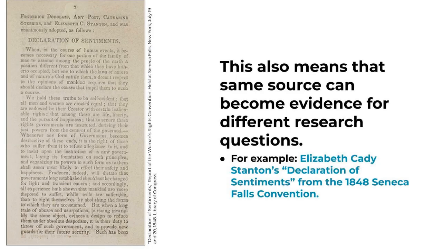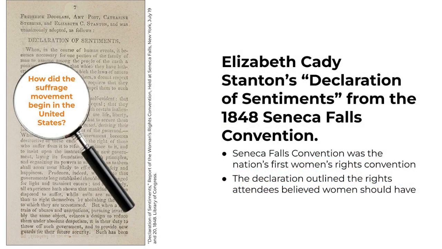Let's consider the Declaration of Sentiments from the 1848 Seneca Falls Convention, which was a gathering to discuss the rights of women in the United States. This source might be used to answer questions about how the suffrage movement began in the United States, providing information about how it was the first women's rights convention and how the document outlined the rights attendees believed women should have.